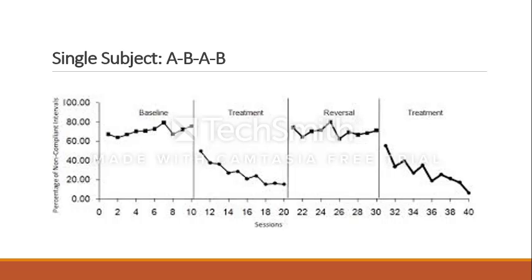We've actually, for the sake of a research project, really caused potential harm to this individual by taking the treatment away. And so there are some issues with single subject design in terms of ethics and for studies in terms of the IRB approval. So you have to be cautious about this reversal phase.